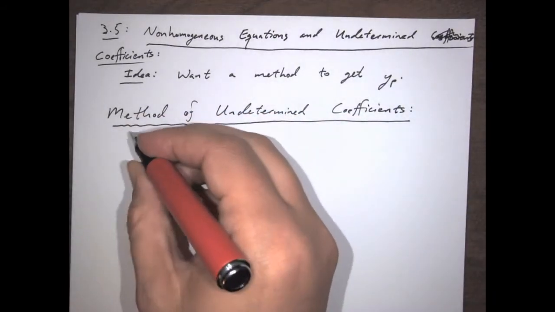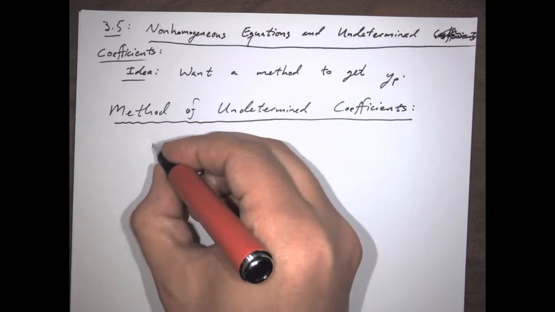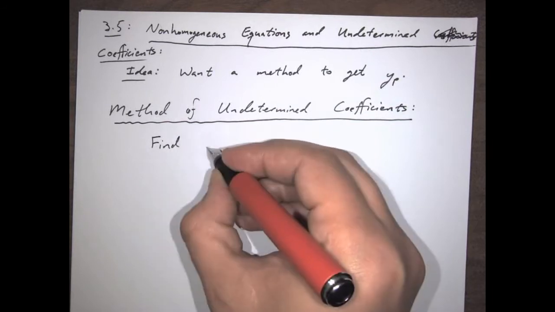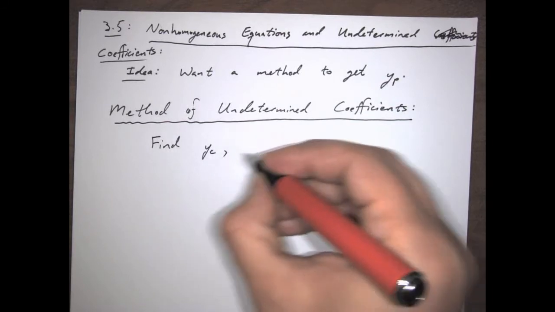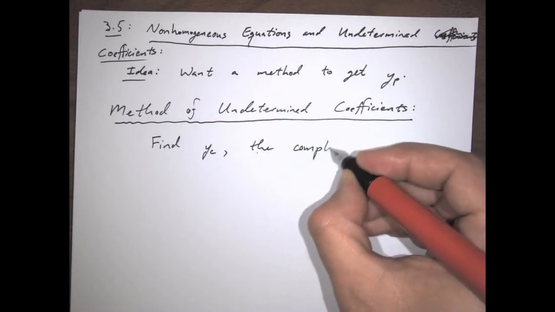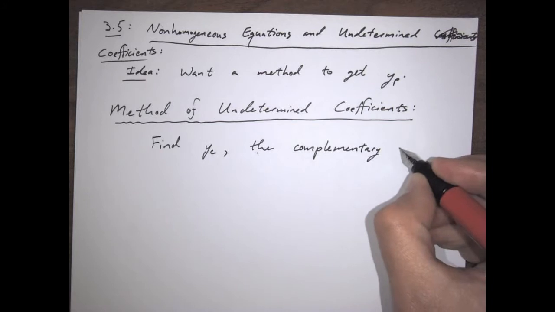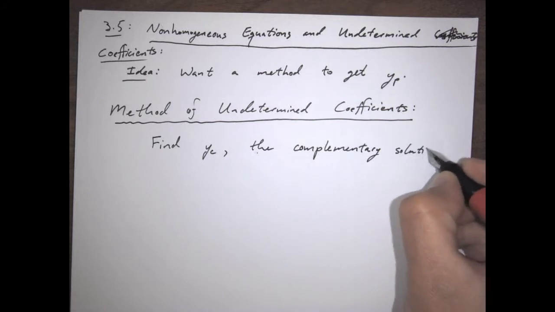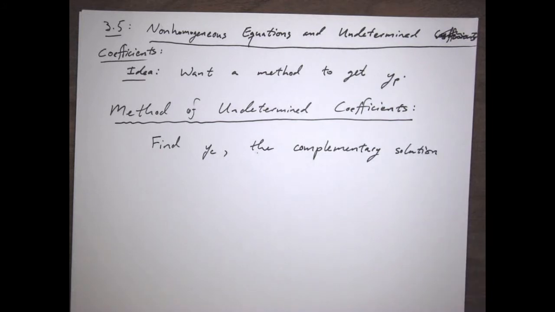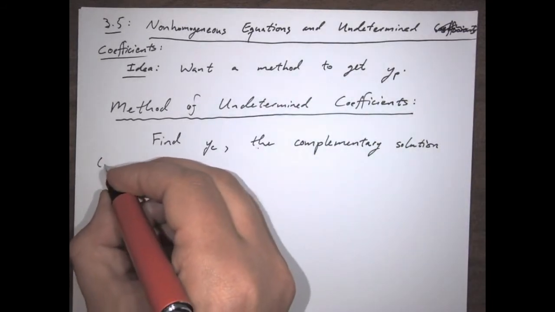So the way this works is start first by finding yc, the complementary solution, which you will recall is the solution to the associated homogeneous equation.